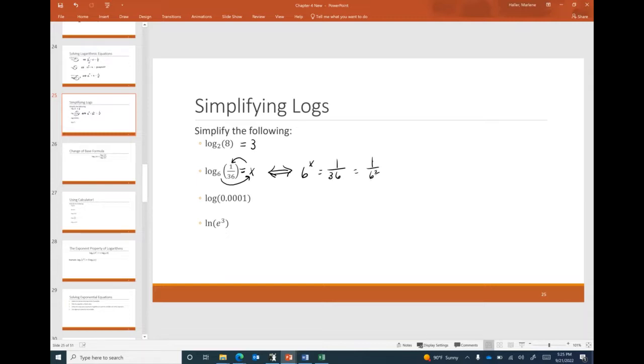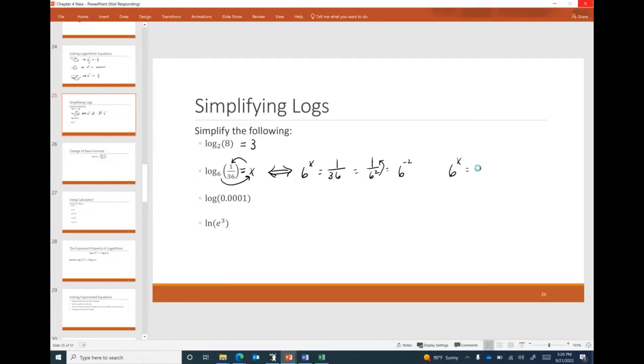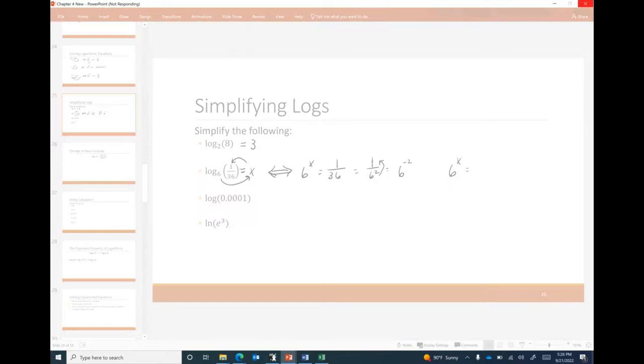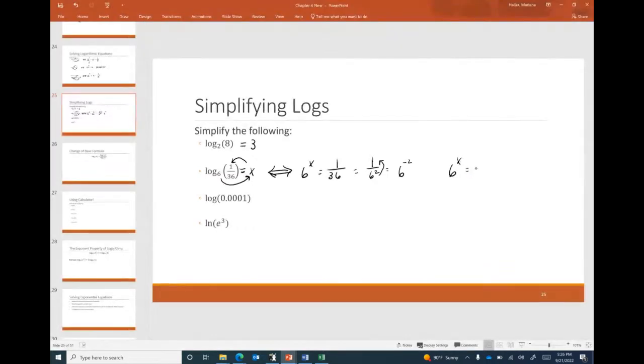If I want to write 1 over 6 squared as 6 to some exponent, if I bring that 6 squared up above the dividing line, that's going to change the sign on that exponent to negative. So that's going to be 6 to the negative second power, right? So what do I have now? Let's just rewrite it. 6 to the x equals 6 to the negative second power, right?